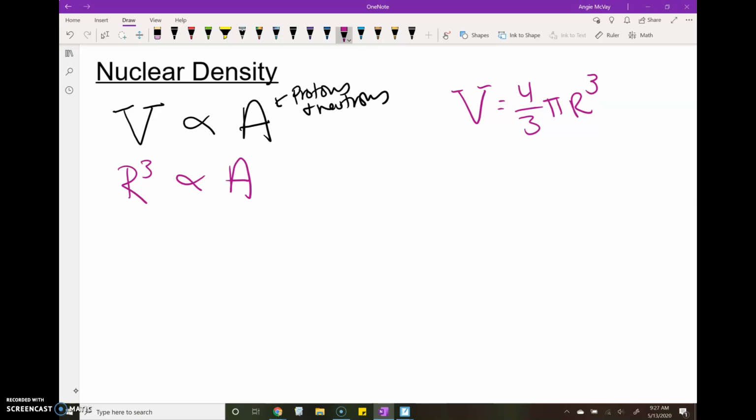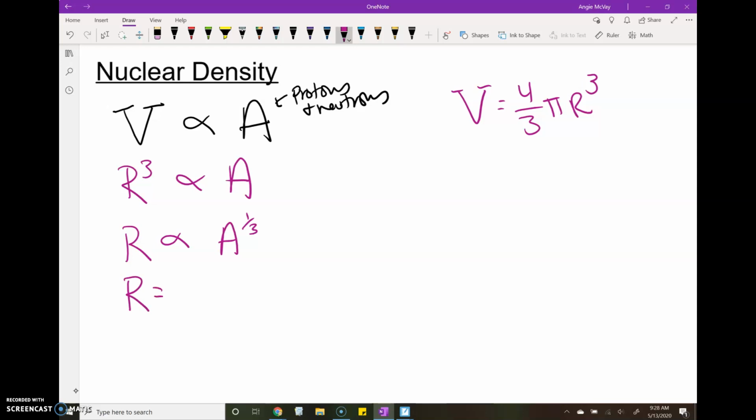Or conversely, we could say r is proportional to the cube root of the number of protons and neutrons in the nucleus.